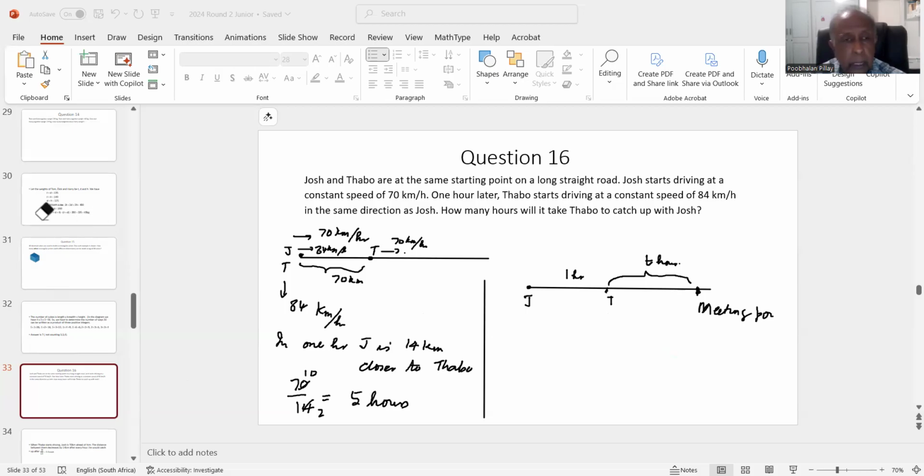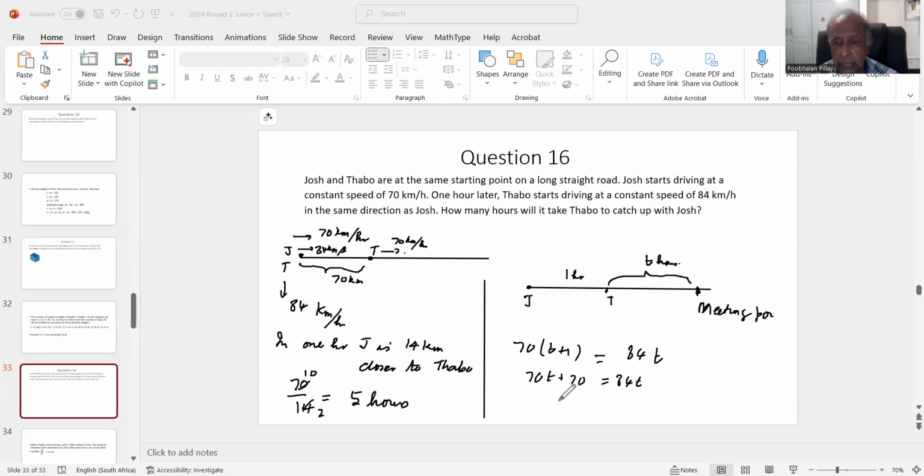So his speed was 70. So Thabo would have covered 70 times t plus 1. That's the distance Thabo would have covered. And Josh would have taken only t hours, but he's traveling at faster speed. So you get 70t plus 70 equals 84t.